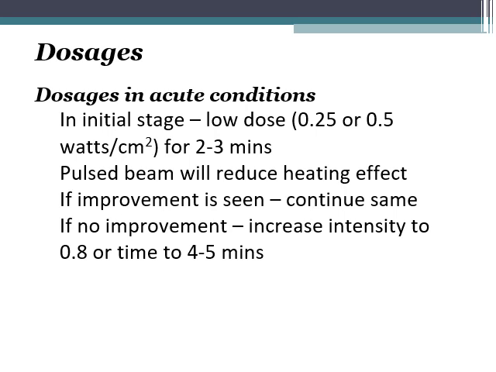But if there is no improvement in 2 to 3 days, then you can increase your intensity up to 0.8, or you can increase the time to 4 to 5 minutes. You can also use pulse mode with a higher pulse ratio, means 1:4, or you can use 1:3, right?